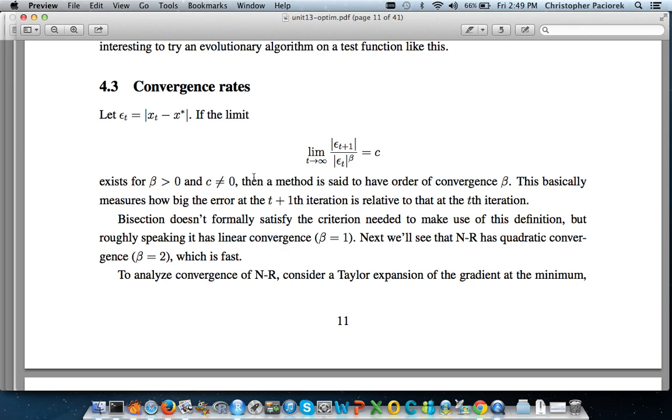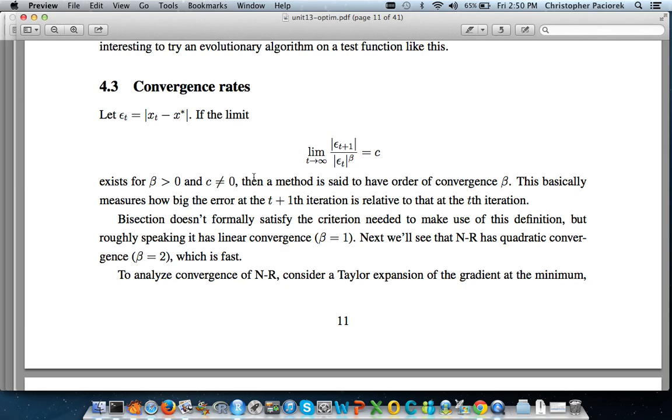Then if I plug in 0.01 here and square that, my error at the t plus 2th iteration is going to be 0.0001. So you can see I'm converging very quickly because the error is getting smaller at a rate where I'm squaring it. So that's the intuition for why this is an interesting thing to look at. If beta were 1, and epsilon t plus 1 was equal to c epsilon t, well, certainly we want to hope that c is less than 1, otherwise the error is going to be getting bigger rather than smaller.